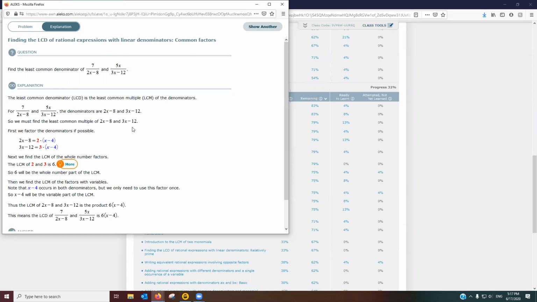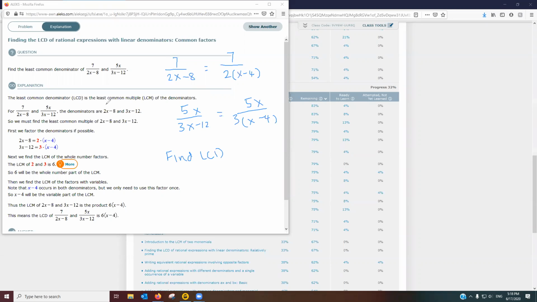All right, well, the first step is to take each one of these fractions and factor the denominator. So let me take this first fraction. I'm noticing there's a 2 as a greatest common factor. And the other one has a 3 as a greatest common factor. All right, now I want to find the least common denominator.